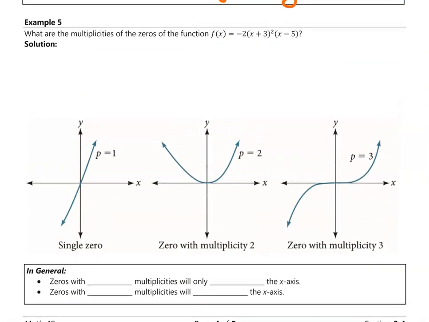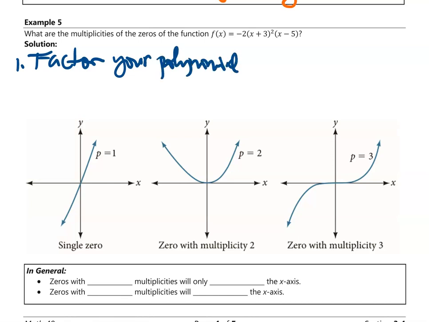Example number 5. What are the multiplicities of the zeros of the function f of x equal to negative 2 times x plus 3 squared times x minus 5? Remember, the first thing that you need to do is, if you can get the factors, do that. So factor your polynomial. Though this given is already in factored form, you have negative 2, x plus 3 squared, and x minus 5.